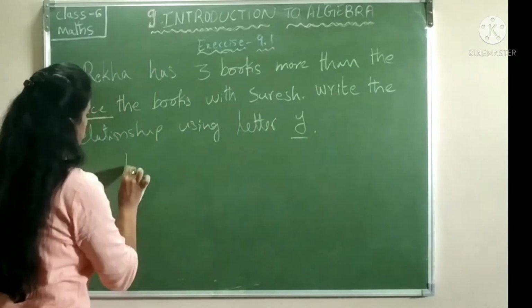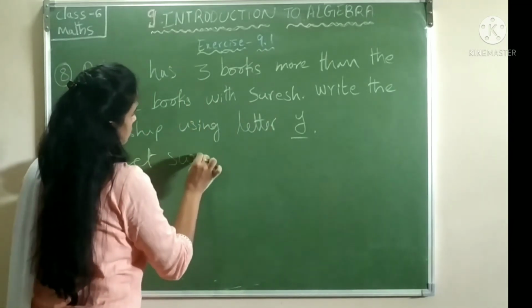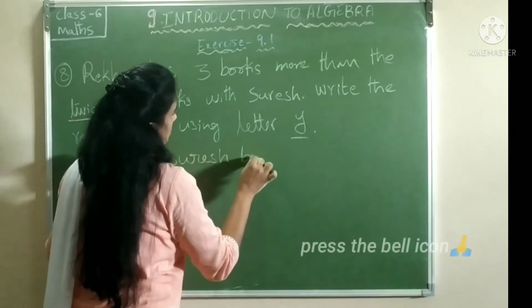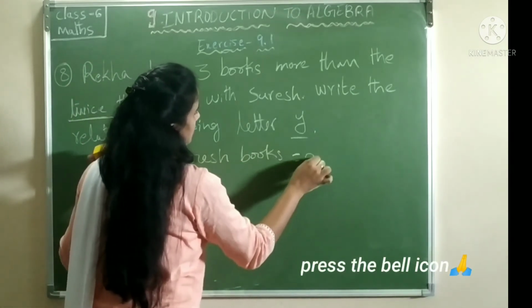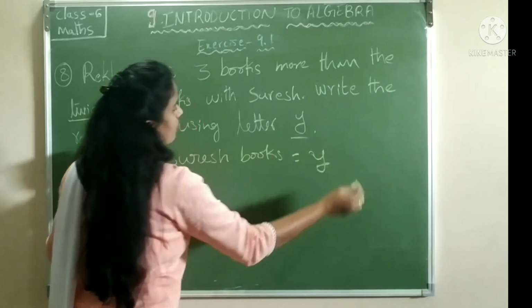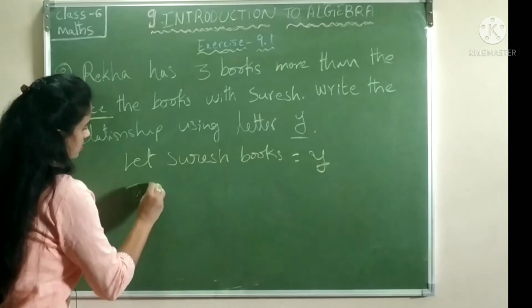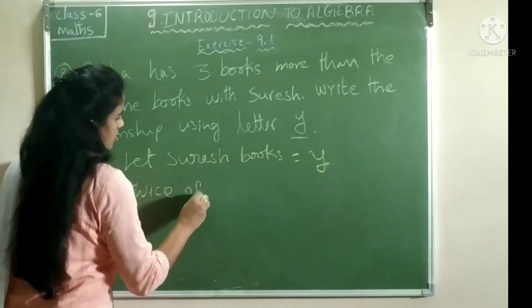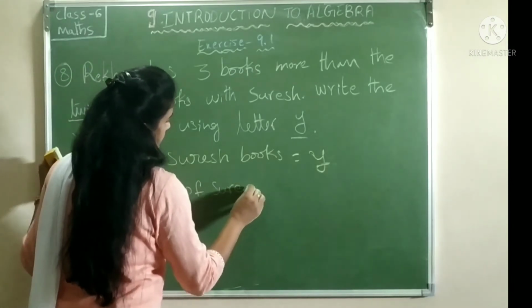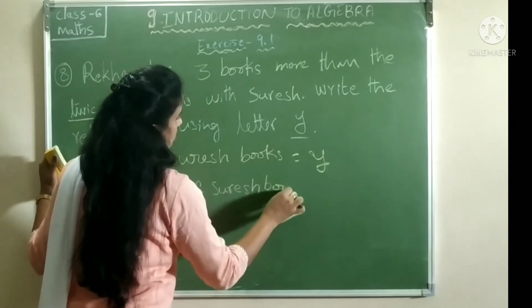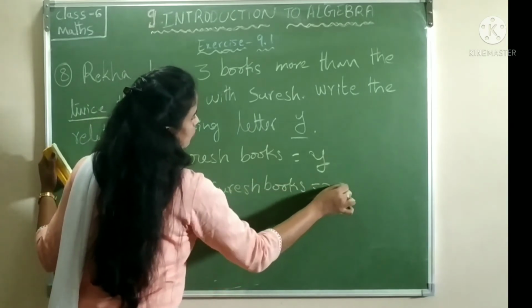So let Suresh's books is equal to Y. Then twice of Suresh's books is equal to 2Y.